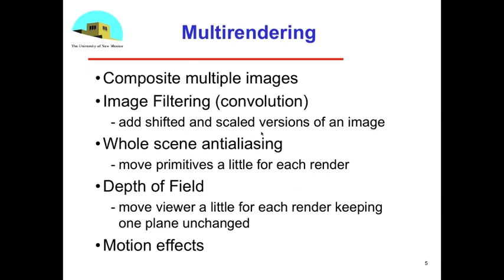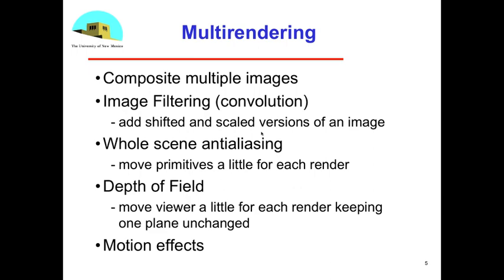So one of the problems with computer graphics in general, when you try to do realistic images and animations, is that because you're doing this all digitally, you have an infinite depth of field to start with. And if you want to get the realistic effect, and you'll see this in any animated movie, what you need to do is get the equivalent of a limited depth of field.